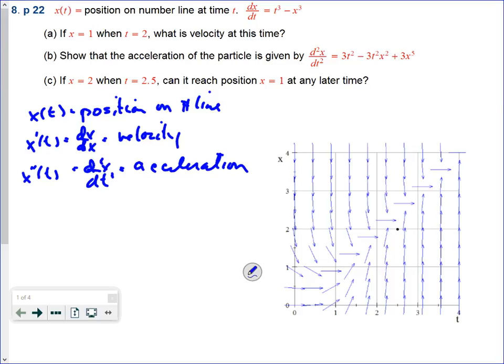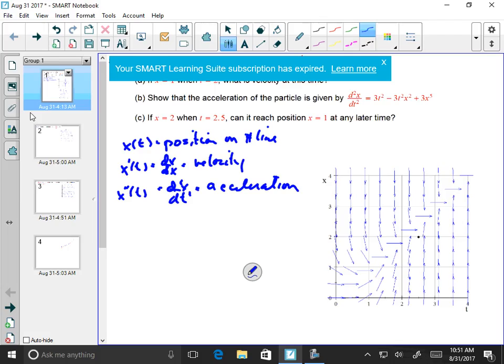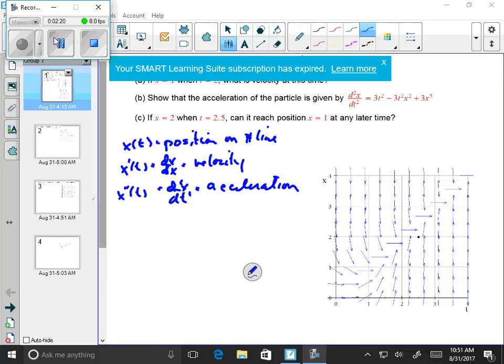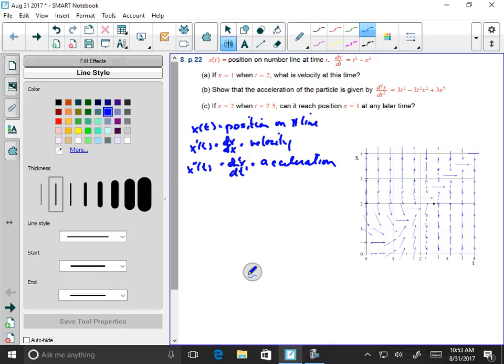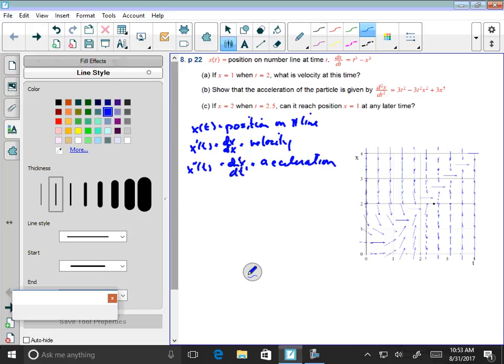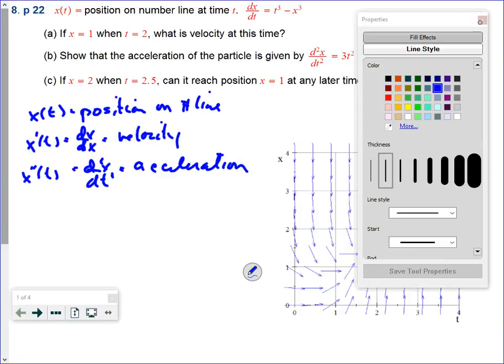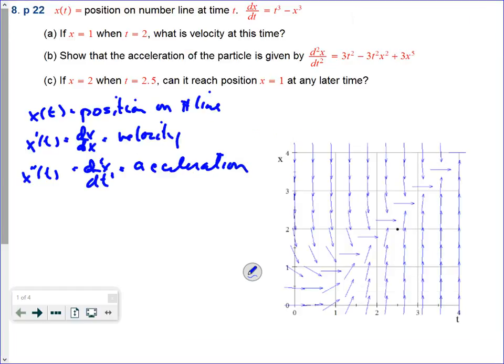Maybe things will look a little clearer here, but the second derivative is acceleration.